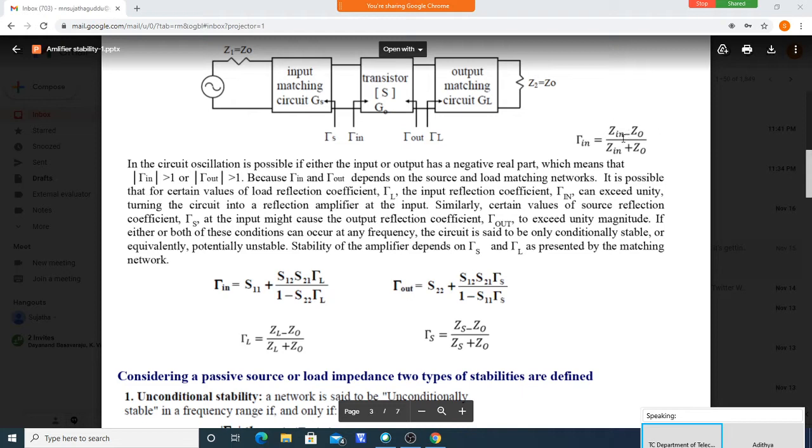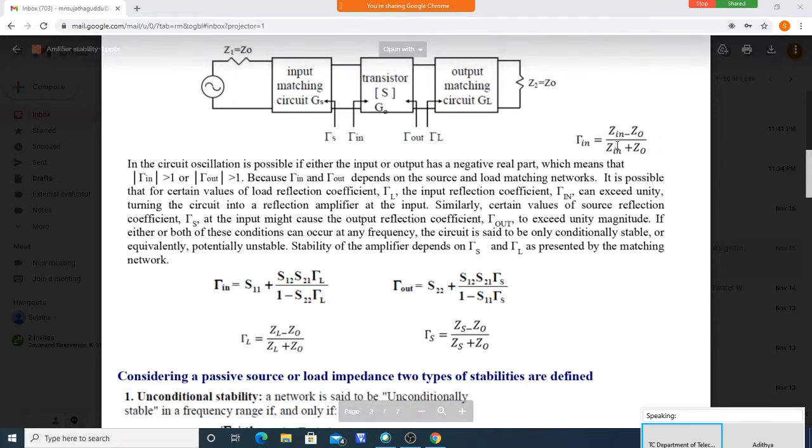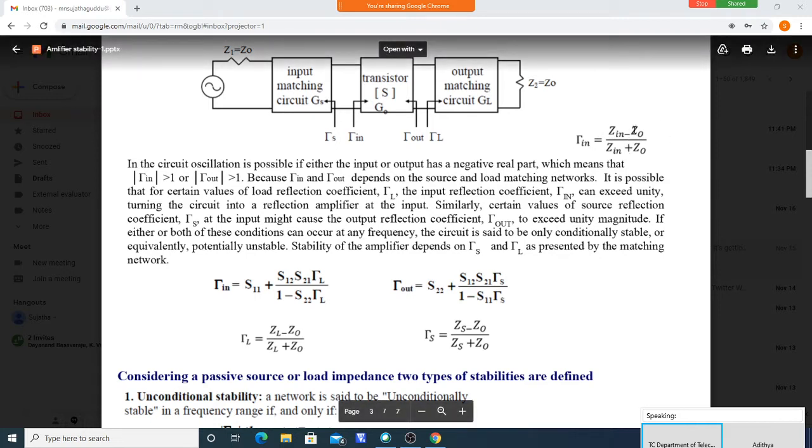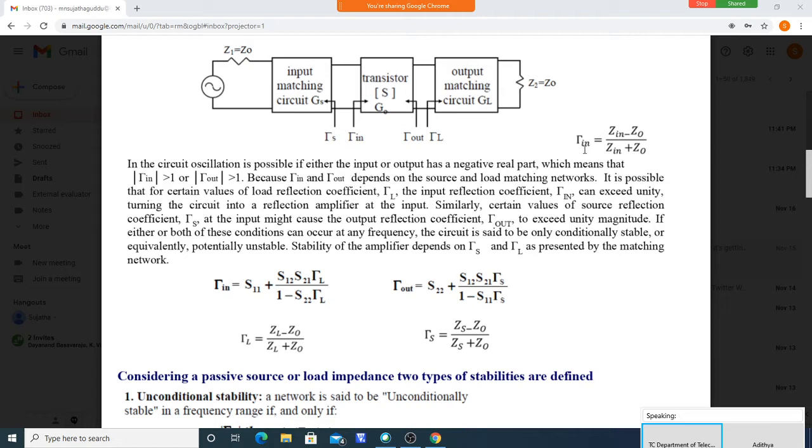See here, when will tau in become greater than 1? If Zin is negative, then what happens? Tau in becomes greater than 1. The value of tau in is greater than or equal to 0 and less than or equal to 1.